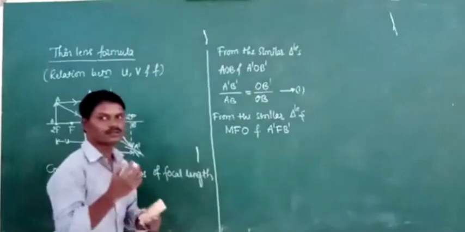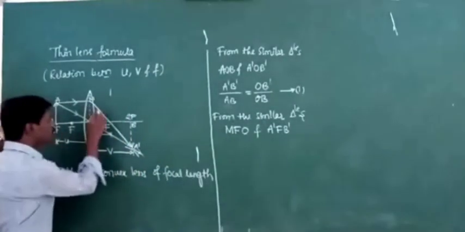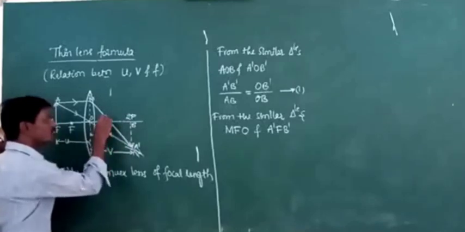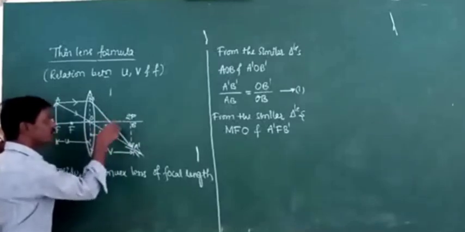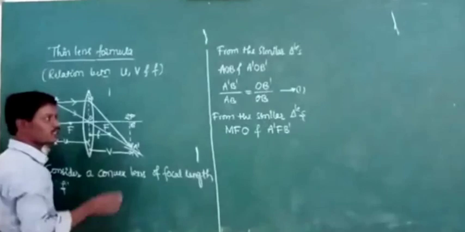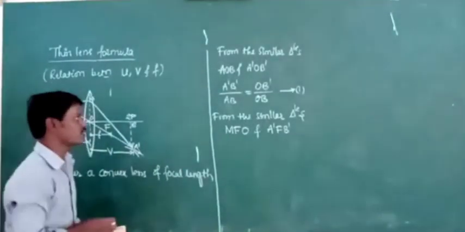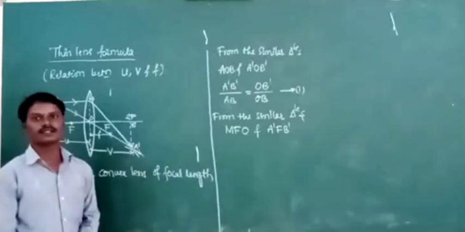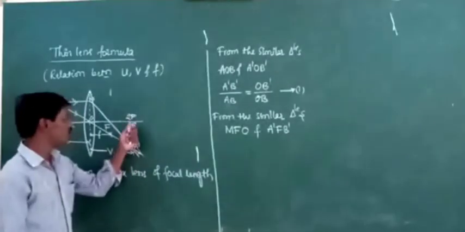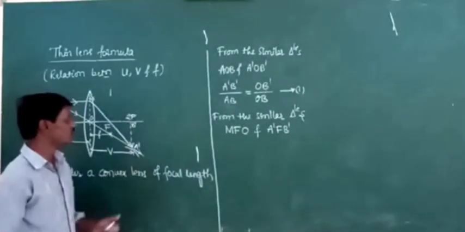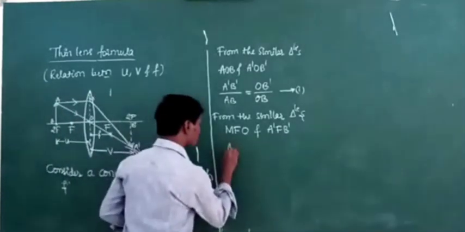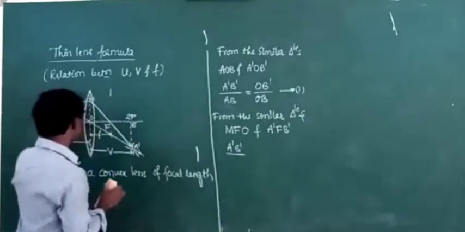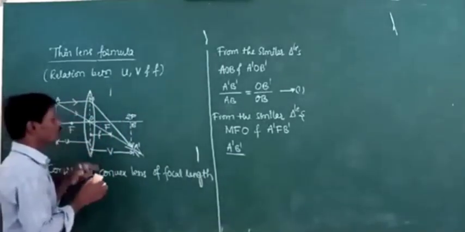See here, what are those similar triangles? MFO and A'FB'. Both are similar triangles because the angles subtended by both are equal. Again, by taking the vertical side ratio equal to the horizontal side ratio: the vertical side in the image triangle is A'B', and the vertical side in MFO is MO.